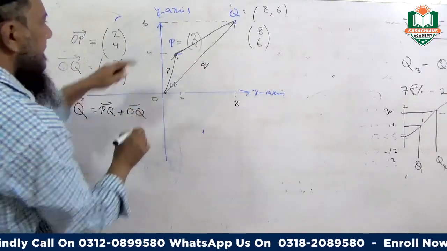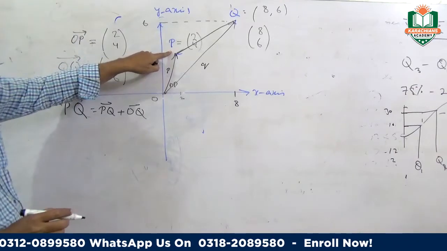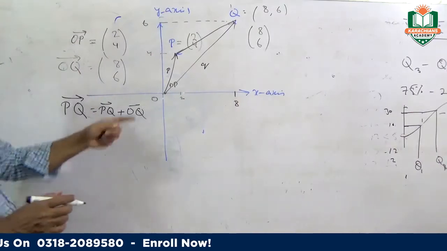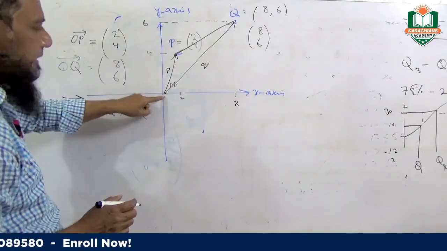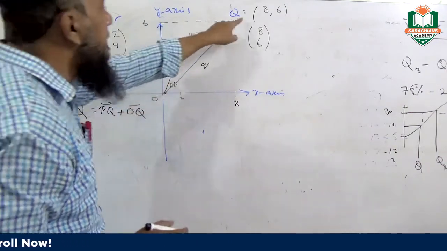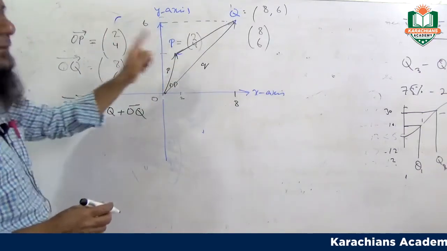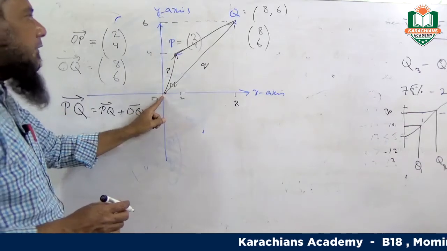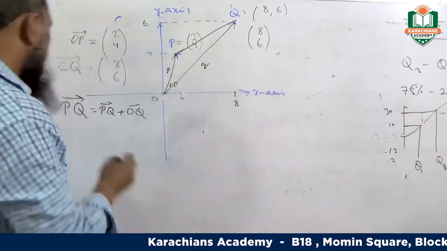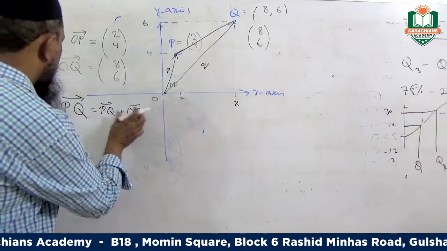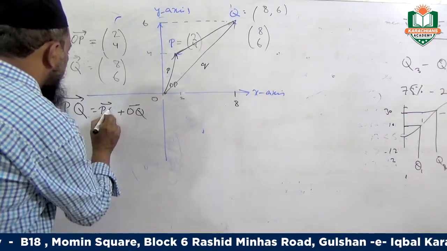I mean to say, in order to find the vector PQ in terms of column vectors, we have to move from P to the origin and then from the origin to Q. Since we are moving from P to the origin, we put a minus sign, and when we move from O to Q, we use a plus sign. So PQ is equal to PO plus OQ.